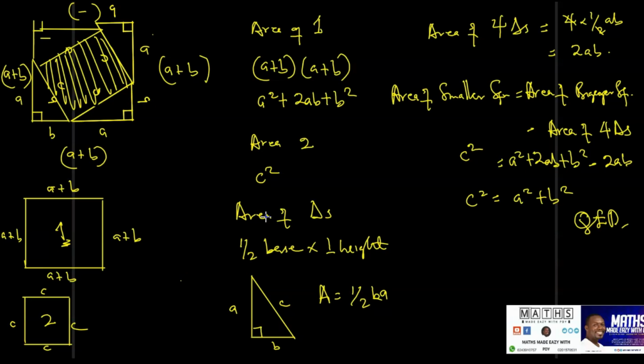Remember, we said trigonometry is the measurement of the sides and angles of a given triangle. We have different types of triangles. We have right angle triangles, obtuse triangle, acute triangle, scalene triangles, isosceles triangle, and then equilateral triangle.